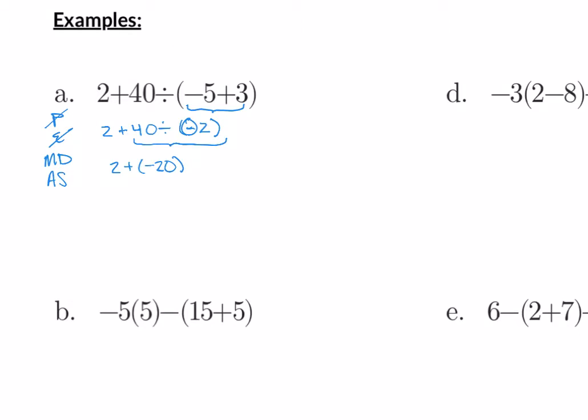If you want, you can also write this as 2 minus 20. It's up to you if you are comfortable doing that. Either way, from there, when we go ahead and combine, 2 and -20 have different signs. So we are going to subtract and keep the sign of the larger number. We get -18 for our final answer.